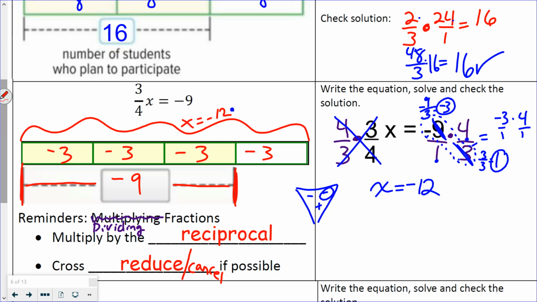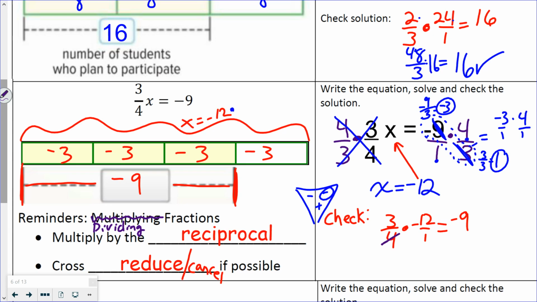Okay. So now next, checking my work. Replace x with our -12. A 3/4 times a -12 should equal a -9. Okay.